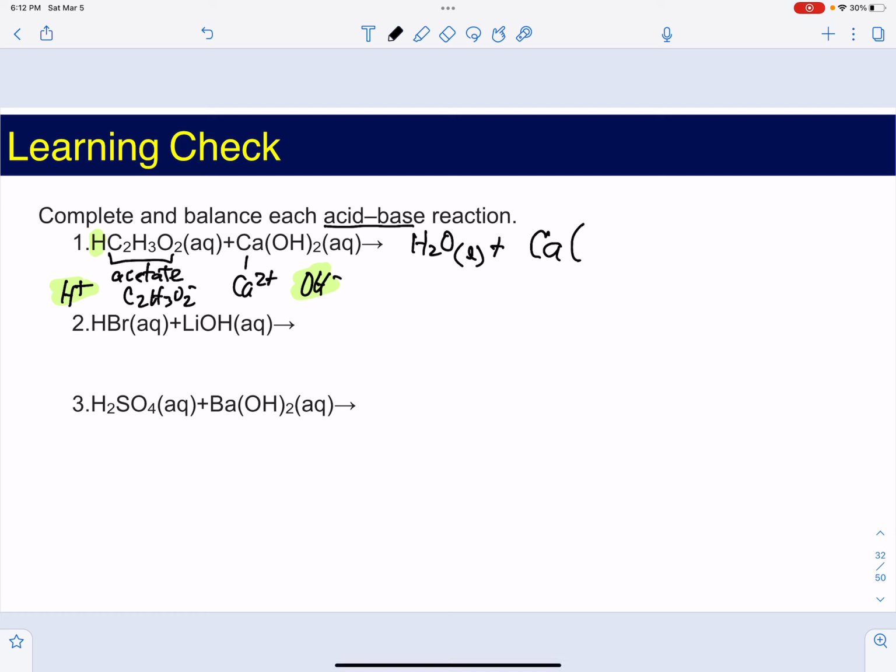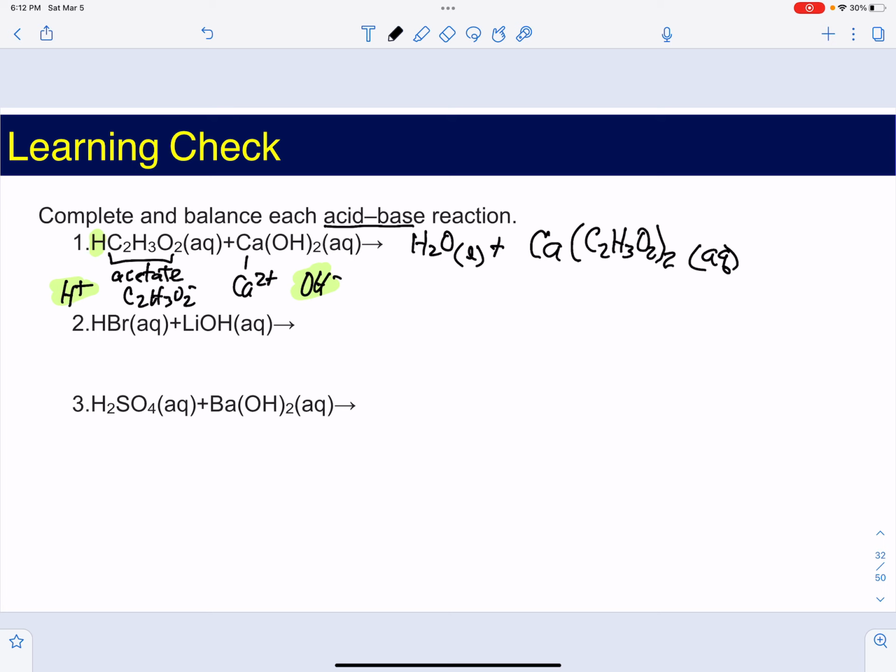So you're going to have to do C2H3O2, but there are 2 of them. And from the solubility table, anything with acetate is always soluble, no exceptions. And that would be how you do that one.